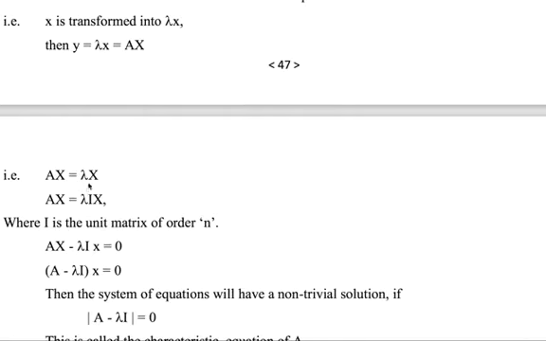If you take x common, A x minus lambda x can also be written as lambda I x, where I is the unit matrix of order n. We want to take x common. That is the reason why we introduced I here, otherwise it is not necessary.